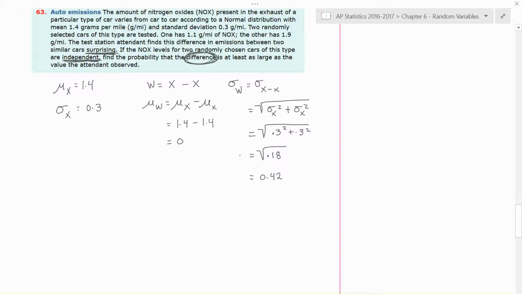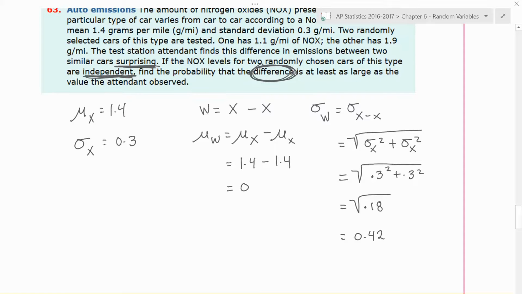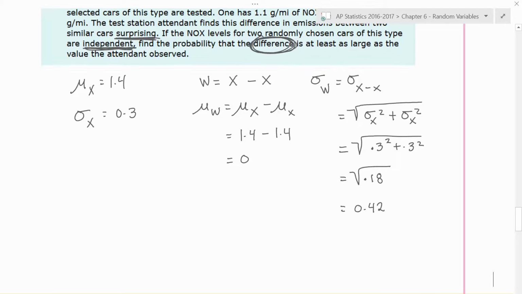Okay, here's what we expect. What did we observe? We observed that one of the cars had emissions of 1.1. The other had an emission of 1.9. So 1.1 minus 1.9 is going to give us negative 0.8.